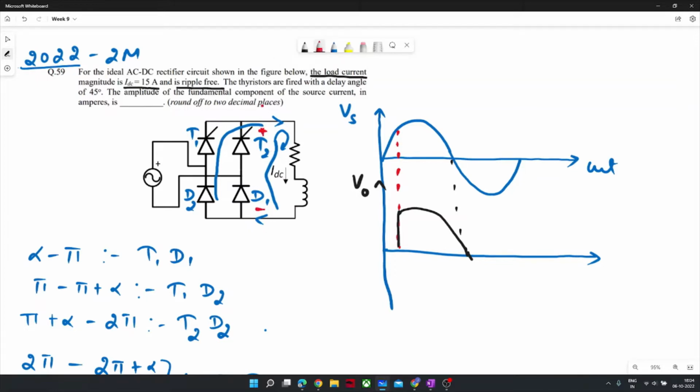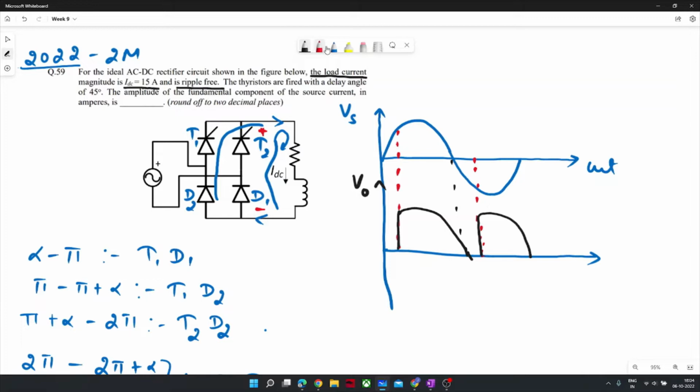So this voltage will be zero when T2 and D1 conduct, and when T1 and D2 conduct. This voltage will end here, and after that, when T2 gets turned on at pi plus alpha, it will follow the same supply but in reverse manner.